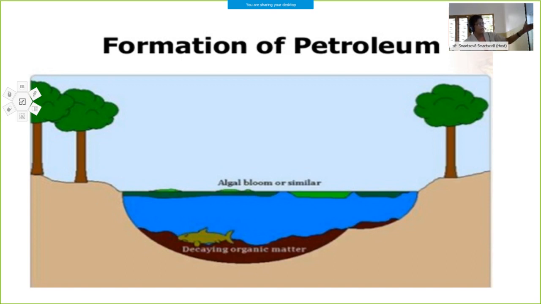Just like the formation of coal, more sediments and rocks fall upon this decaying organic matter.